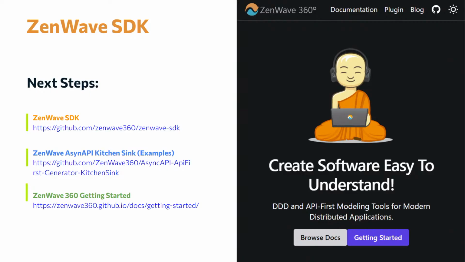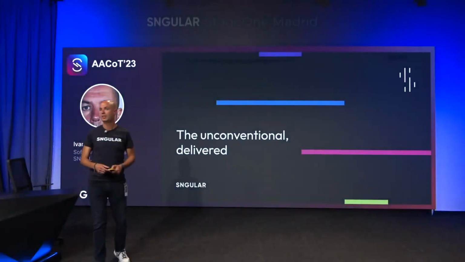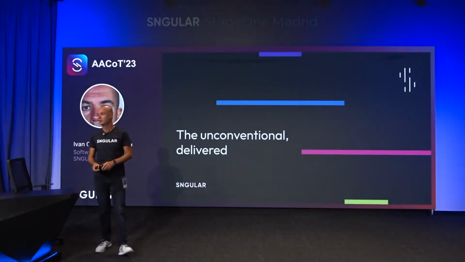There is also a repository with a lot of examples, the kitchen sink, which I use for testing all the implementations. And you can also go to getting started from ZenWave. Well, this was the talk. And if you have any questions now.